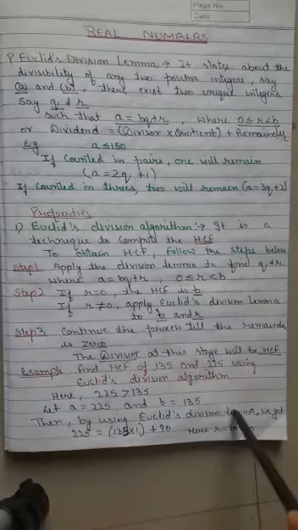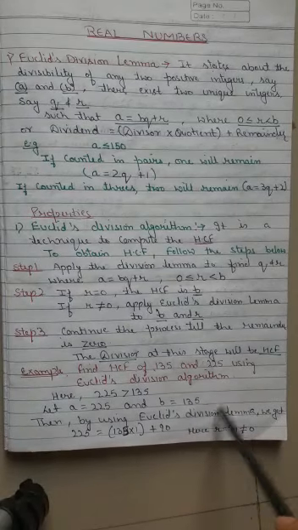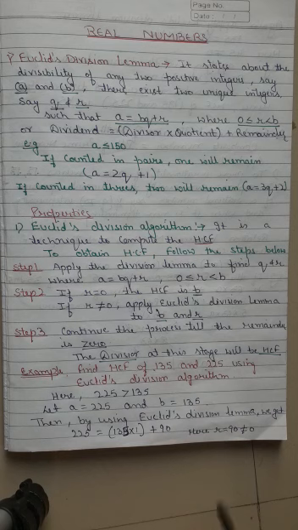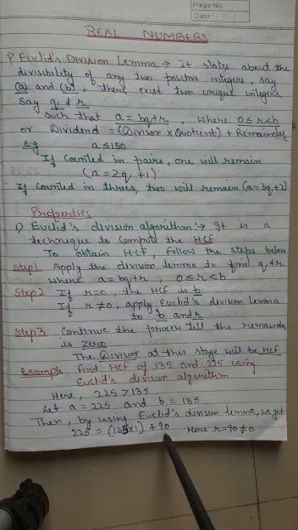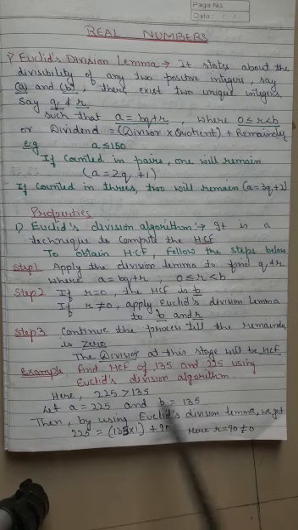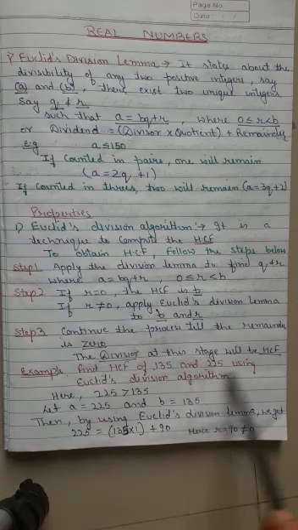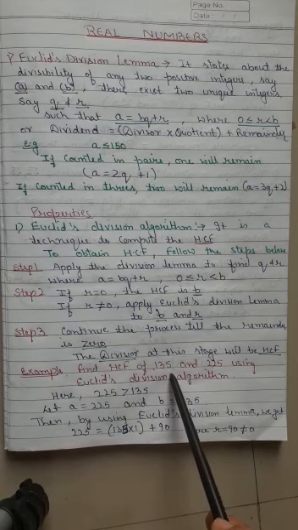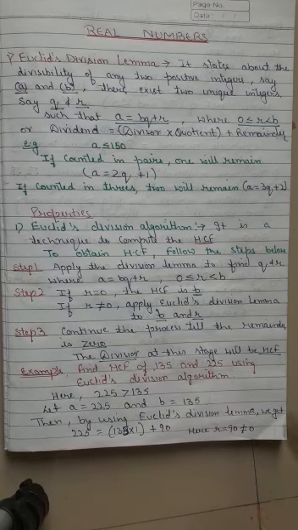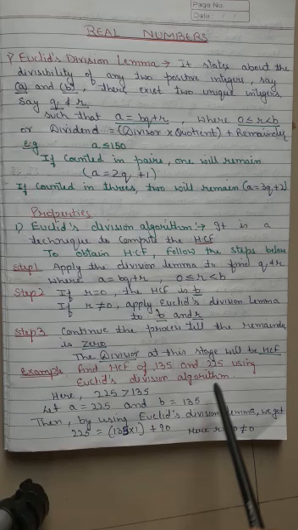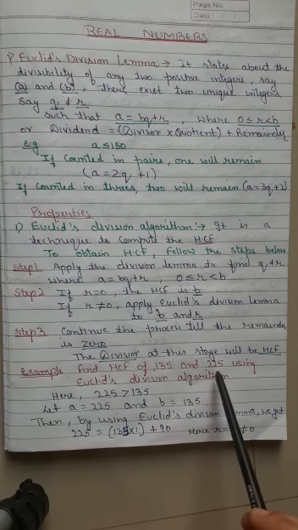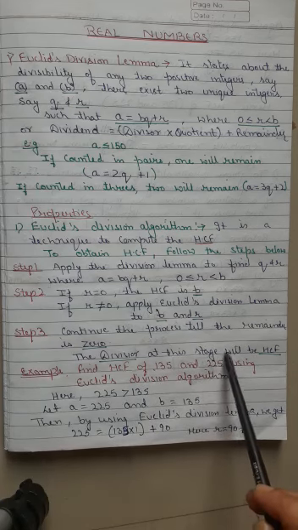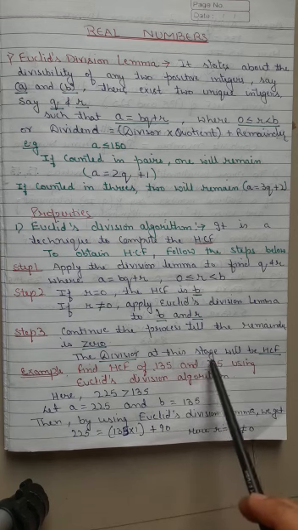Now let us take an example to understand how to find the HCF in questions. Here is a question: find the HCF of two numbers by the Euclid division method. The numbers are 135 and 225. To find the HCF, first, whichever number has the higher value is the dividend a.